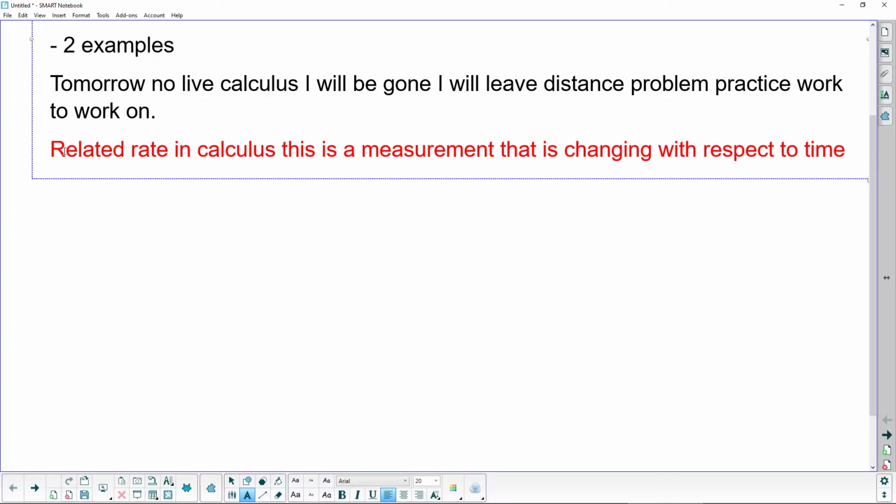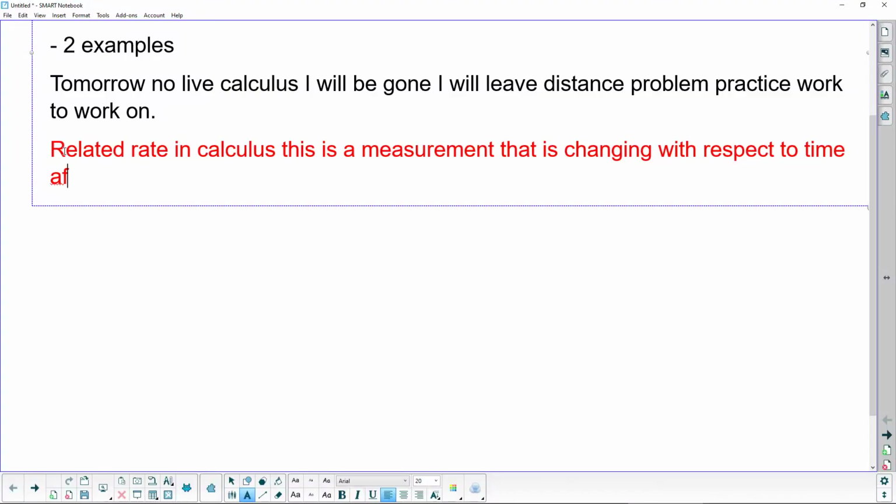So it's a rate, that's why it's called related rates, affecting all the other measurements that are changing in the problem.